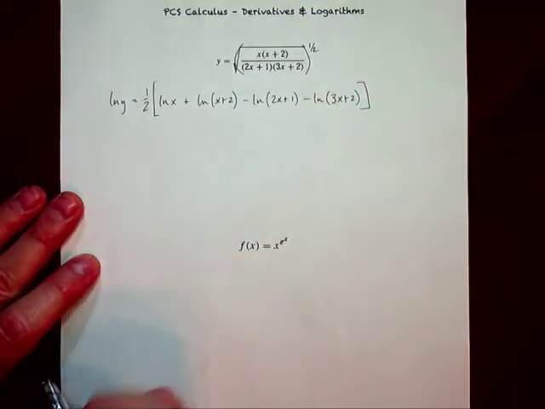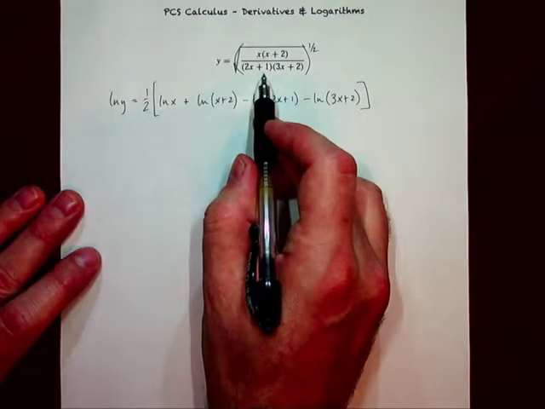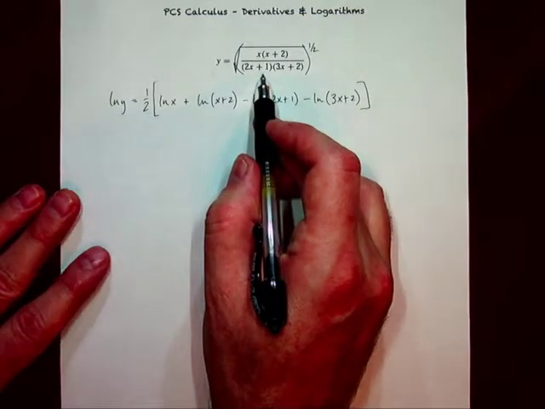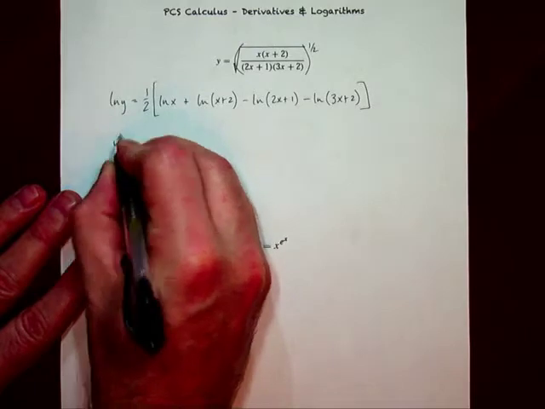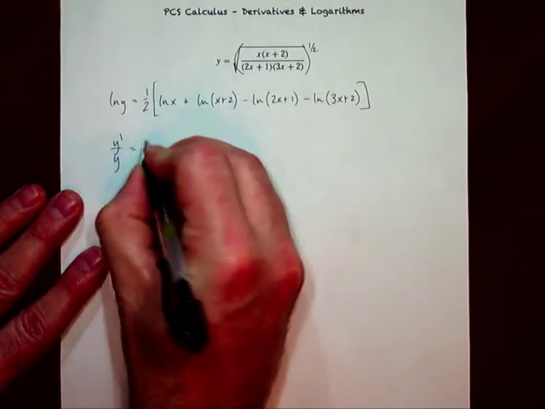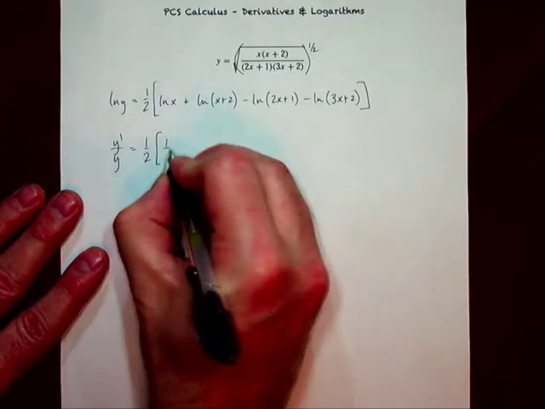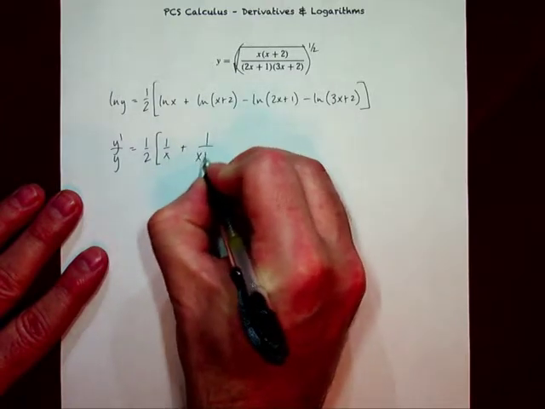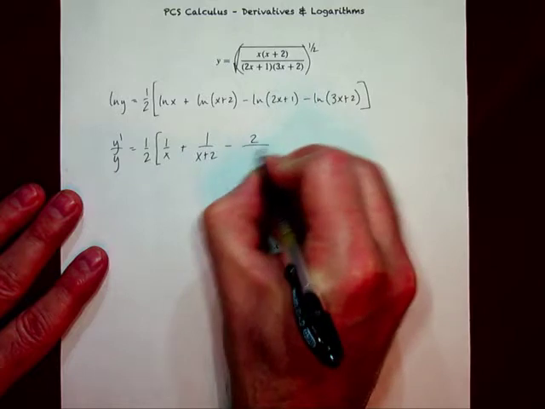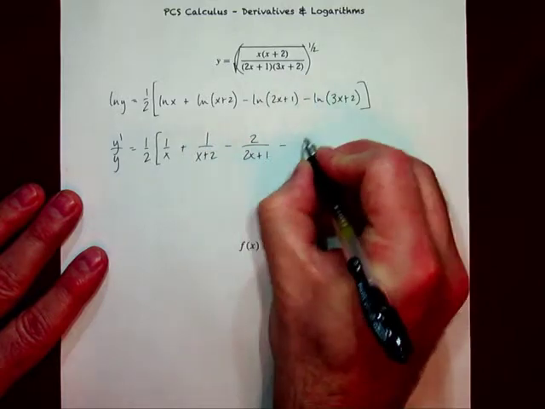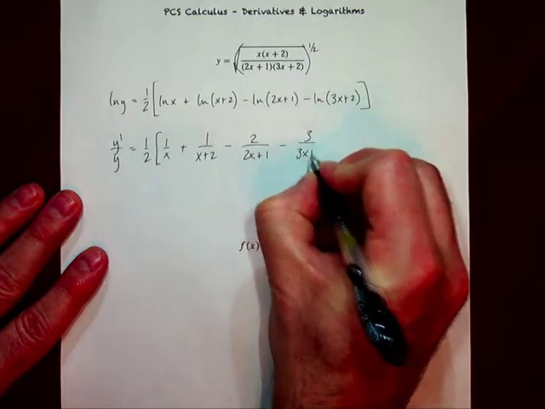Now, this was going to be really nasty in its original form to differentiate. This, however, winds up being relatively straightforward. The 1/2 kind of comes along for the ride, and I get 1 over x plus 2, 2 over 2x plus 1, and 3 over 3x plus 2.